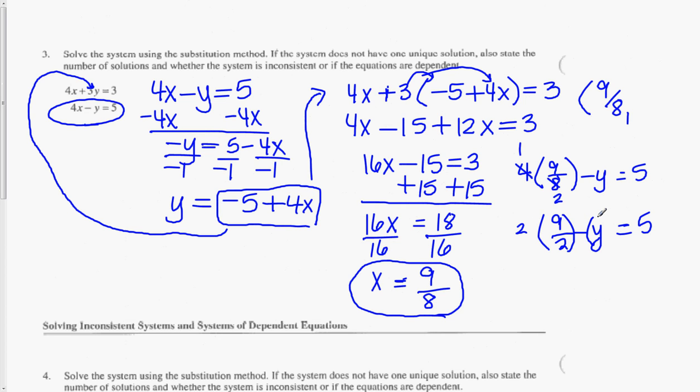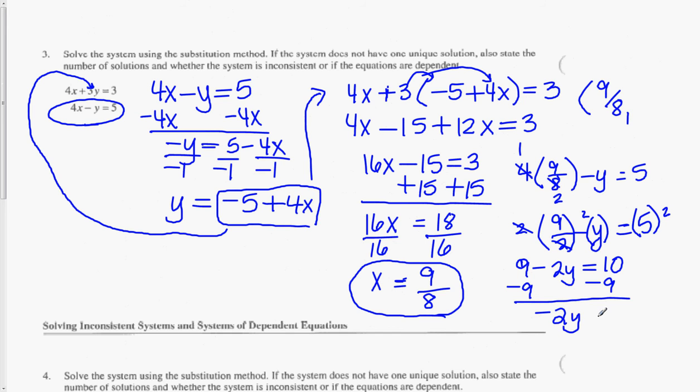In order to clear fractions, you multiply everything by the denominator. So we'll multiply by 2. That's going to give me 9 minus 2y, because those 2's cancel. 9 minus 2y equals 10. We're going to subtract 9 from both sides. So negative 2y equals 10 minus 9, which is 1. Divide by negative 2, so I get negative 1/2. So you can see that's going to go up here for y. There would be my answer.